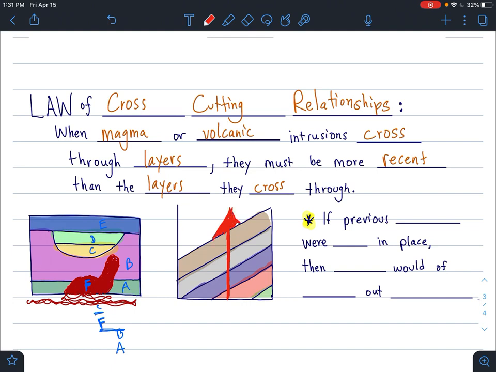So therefore they had to be there beforehand. The layers don't form around that tube of magma, but instead the layers had to be there first. If previous layers were not in place, if they weren't there first, then the magma would have followed the law of horizontality, and the magma would have just spread out horizontally.